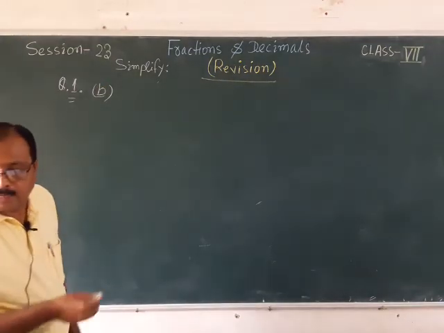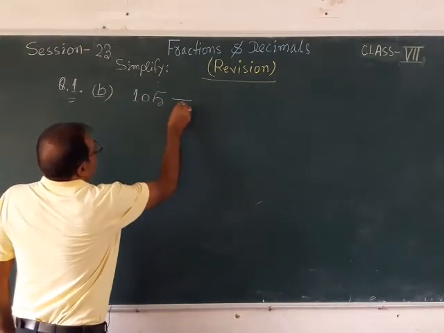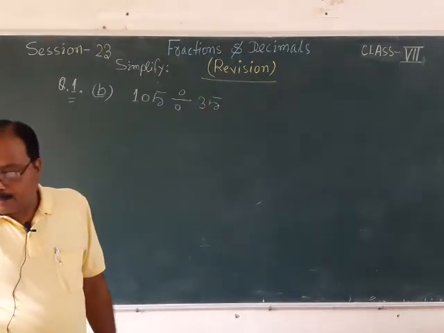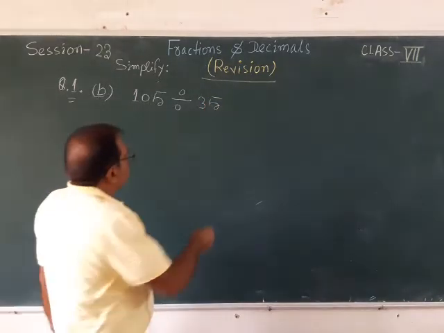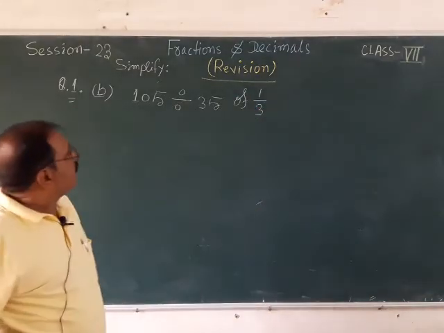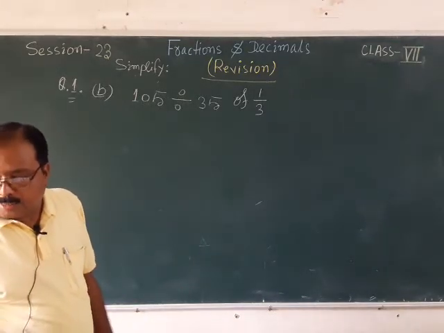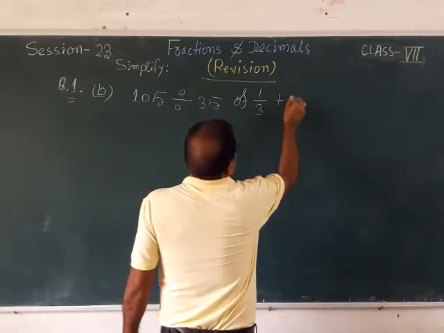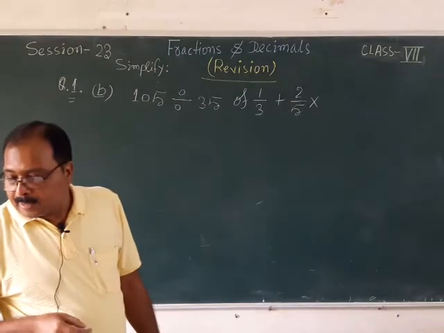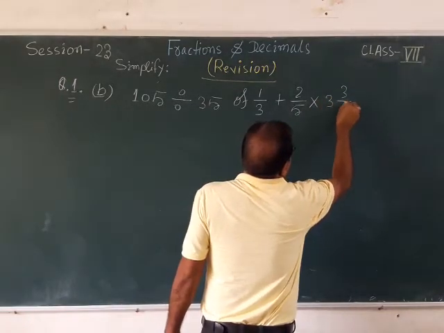Simplify: 105 divided by 35 of 1 by 3 plus 2 by 5 multiplied by 3 whole and 3 by 4.